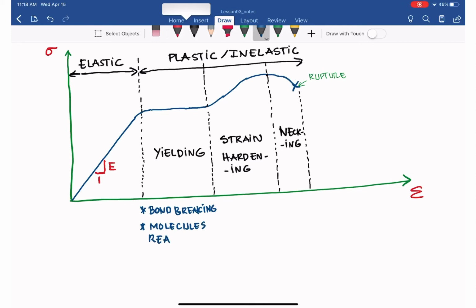And when it starts strain hardening, there is complete realignment of the molecules.